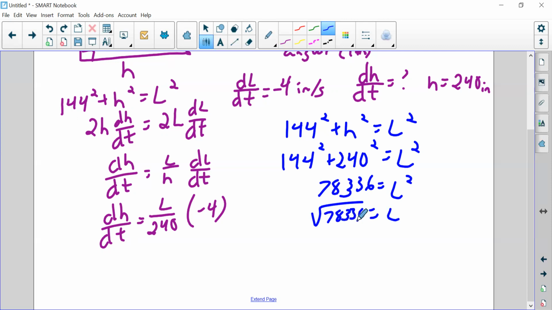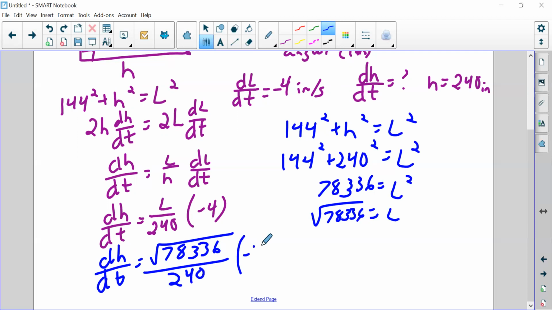I'm not even gonna bother simplifying it down at this point. I'm just gonna plug that in. So I'm gonna take that answer, square root it, divide it by 240, times it by -4. Should be back to 4. Yes. Okay.